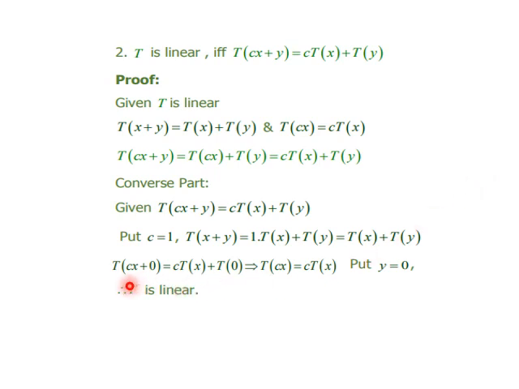Now, second case, I am considering T(cx + 0). What is T(cx + 0)? It is c into Tx + T(0). Just now we proved that T(0) is 0. Therefore, I am able to get T(cx) = c into Tx. How did we get this? We have taken the second part y as 0. That's all. So, both conditions are satisfied. Therefore, it is a linear transformation.